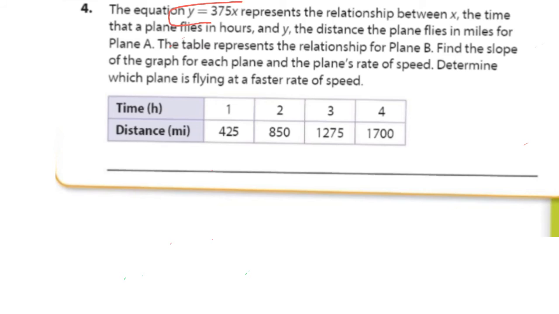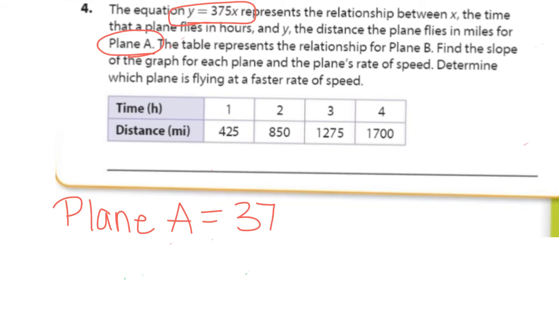The equation y equals 375x is going to be plane A, and it represents how fast plane A is going. So you had to tell me in the answer here what the rate for plane A was, and that would simply be 375 miles per hour.